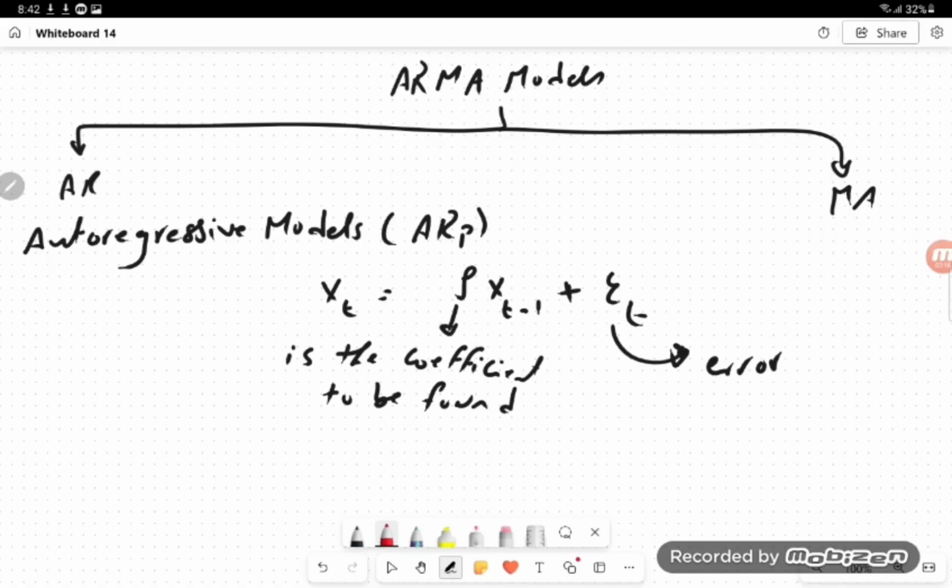As t is t minus 1, this minus 1 is the order of AR. So this means that this model is an AR1 model, which means it has only one factor.